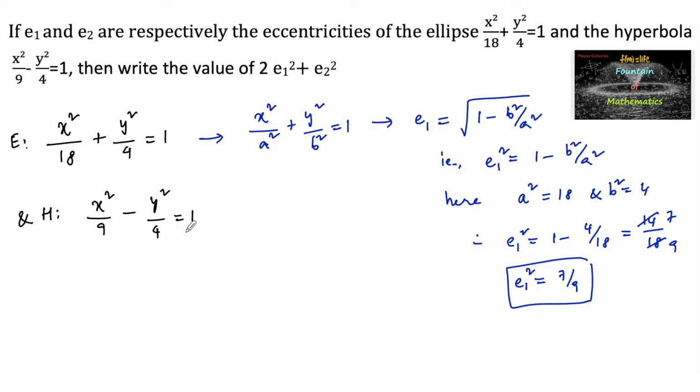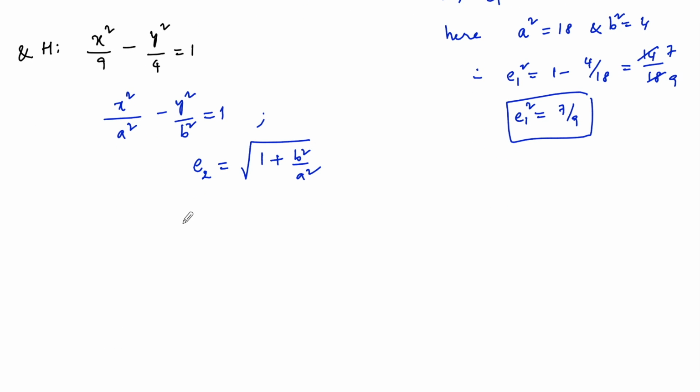And similarly, for the hyperbola, when comparing with the standard form of hyperbola, x square upon a square minus y square upon b square is equal to 1, we have eccentricity, say e2 is equal to under root of 1 plus b square by a square, or we can simplify and write e2 square is equal to 1 plus b square by a square.